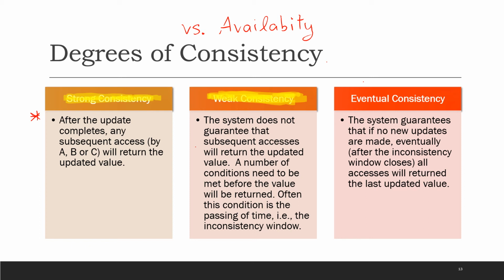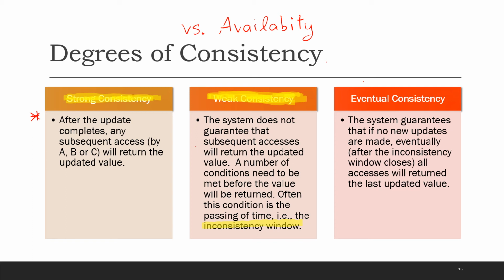For example, the system could guarantee that not right away, not immediately, that user will see the updated value, but after the inconsistency window has passed. Suppose the inconsistency window is 2 minutes, then we guarantee that within 2 minutes after the update has been made, users accessing the data from wherever within the system would see the updated value. That is a weaker form of consistency.